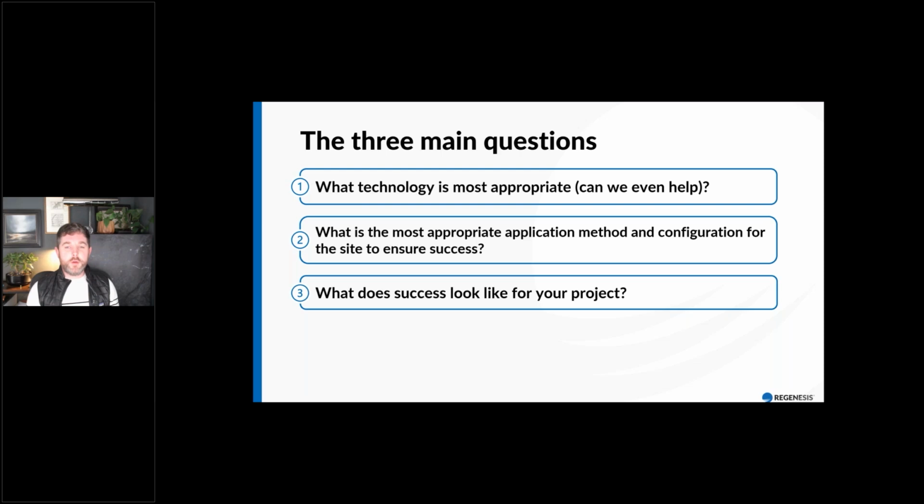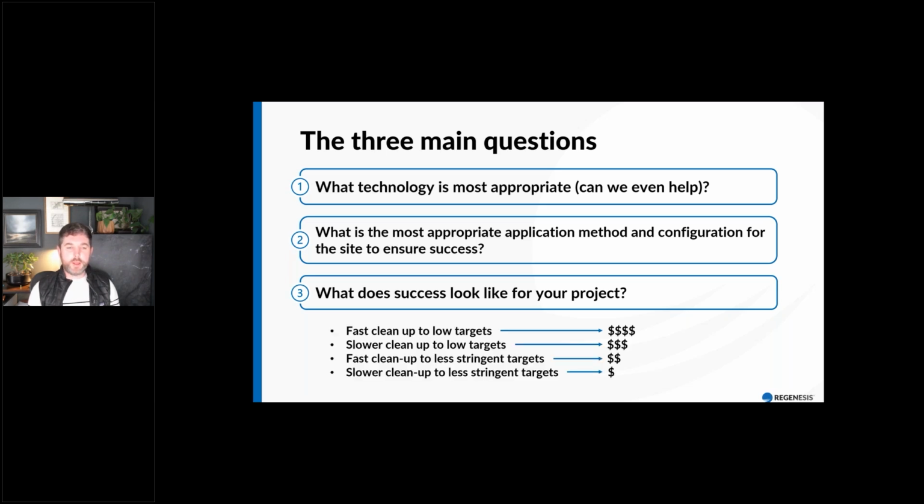And often a question that hasn't been thought about is, well, what does success actually look like for that particular site? Are we looking to hit really low targets in a very short period of time? That's going to have an impact on what technologies we choose. Similarly, the opposite end of the scale would be, are we looking at less stringent targets and a much longer cleanup program?